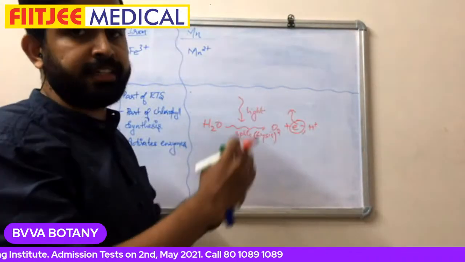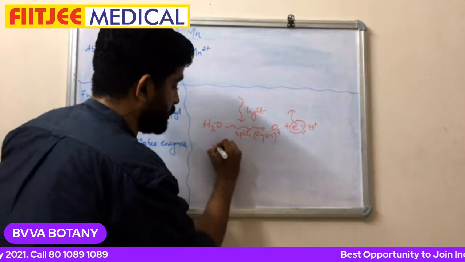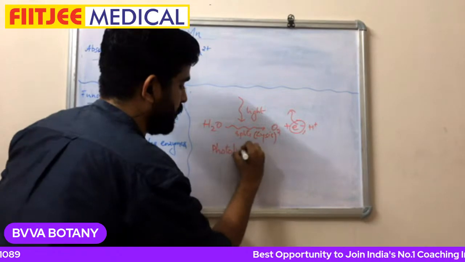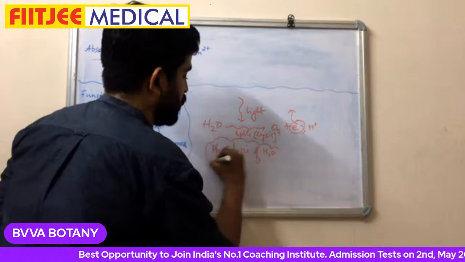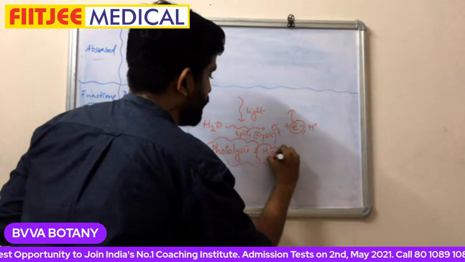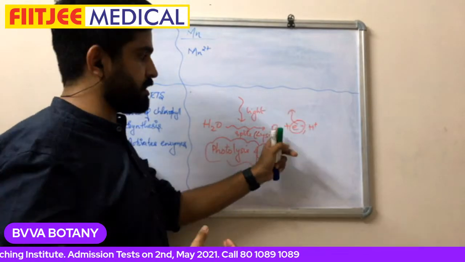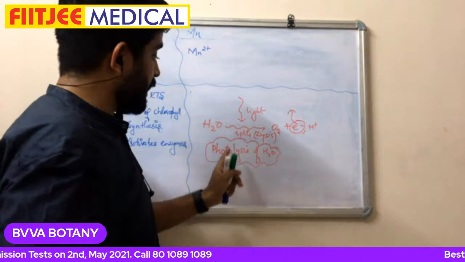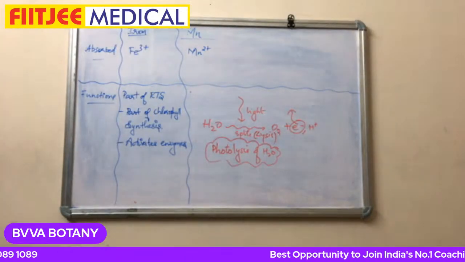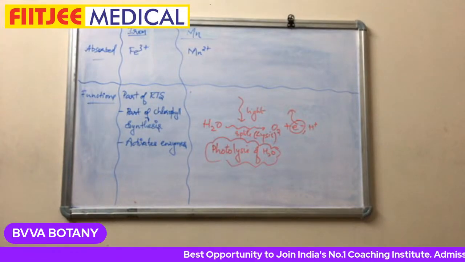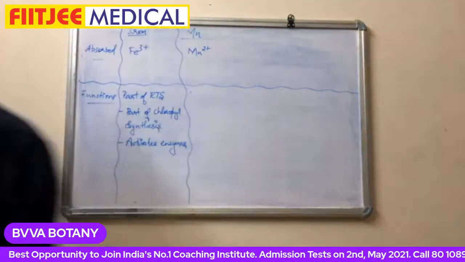So we can call this process photolysis of water. That requires manganese. So that can be the first option: it is involved in photolysis.